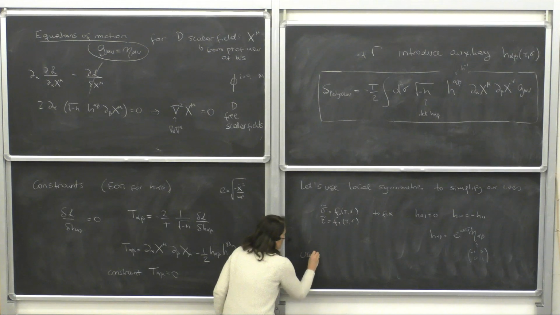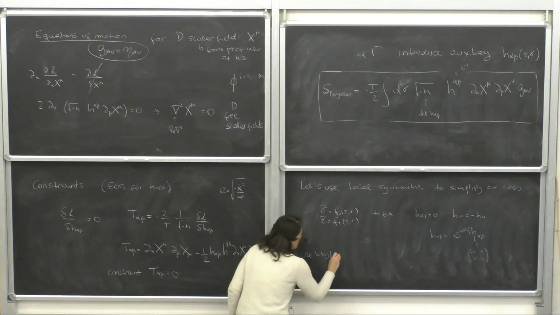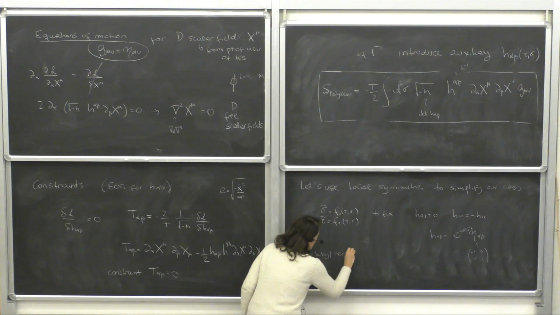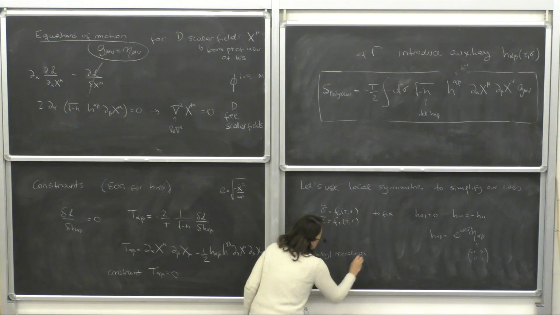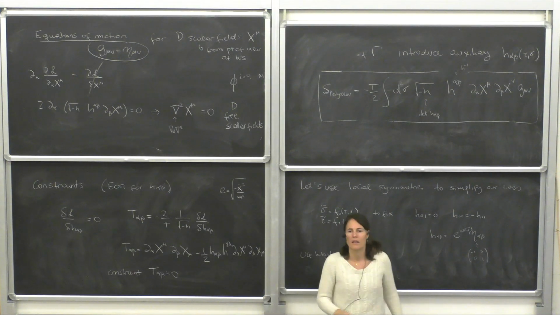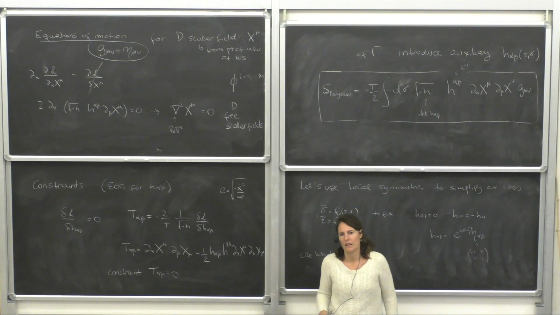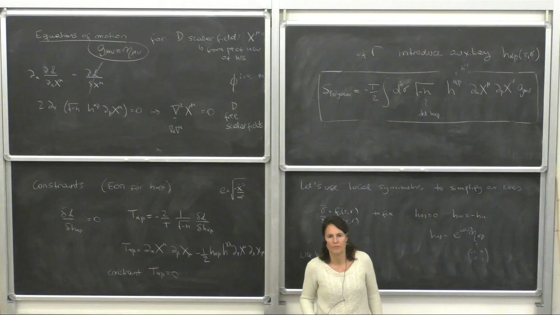Then I can use Weyl symmetry, Weyl rescalings. You can take any gauge that has 1 degree of freedom left. For example, diagonal entries are 0 and off-diagonal entries are. Yeah.